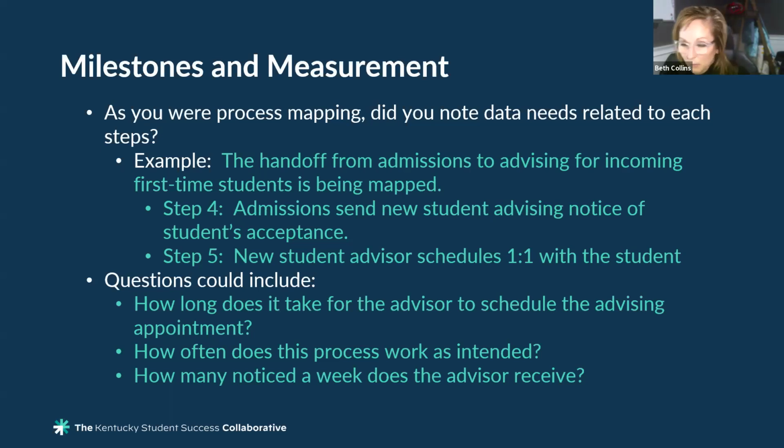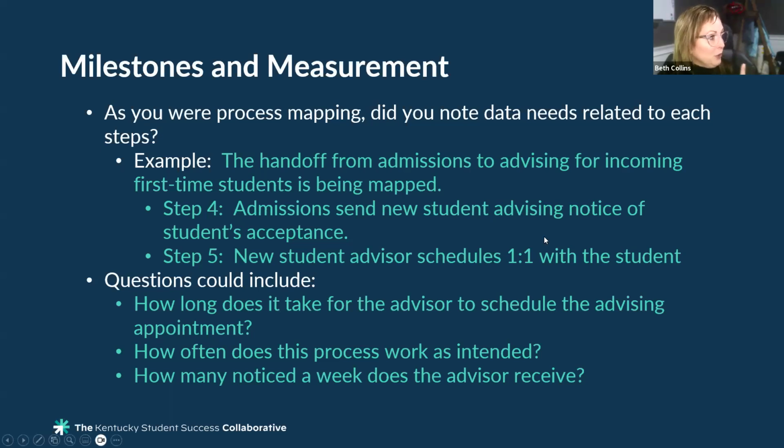What was that second push? What about the 90 days? As you're mapping through this and setting up your measurements, you need to make sure that you are looking at what data should be related to each of the steps. This is what we call a process measure, and we'll break that out a little bit more in a second.